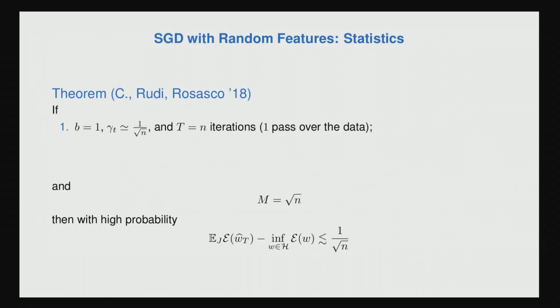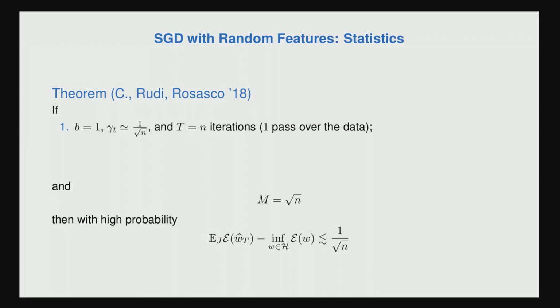So there are different options, different regimes that I can pick. Remember that what I'm aiming for is to get to this side of the inequality a quantity that is 1 over square root of n. So one possible choice is to pick a number of random features only of the order of square root of n.